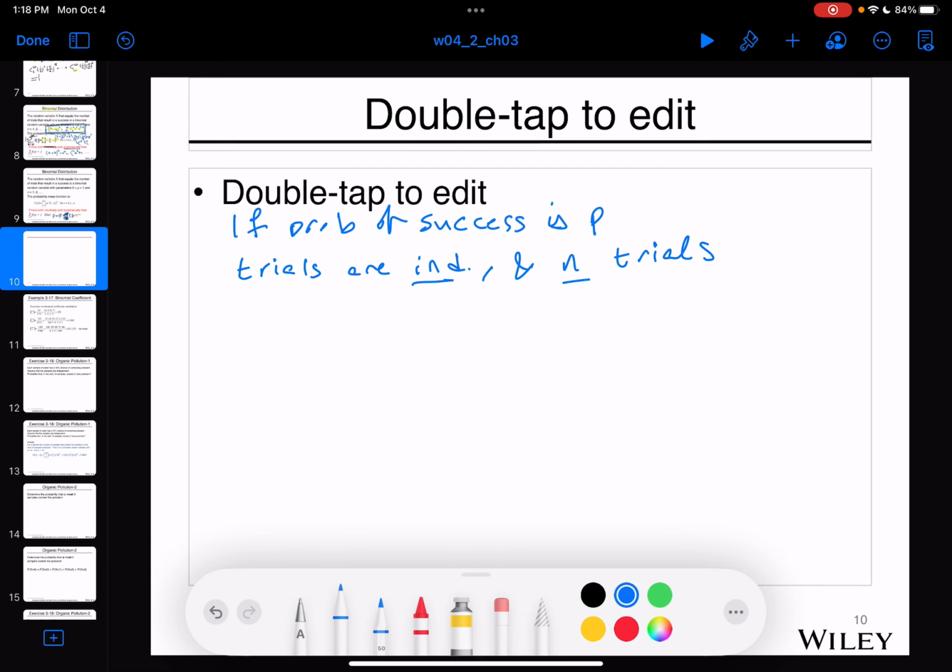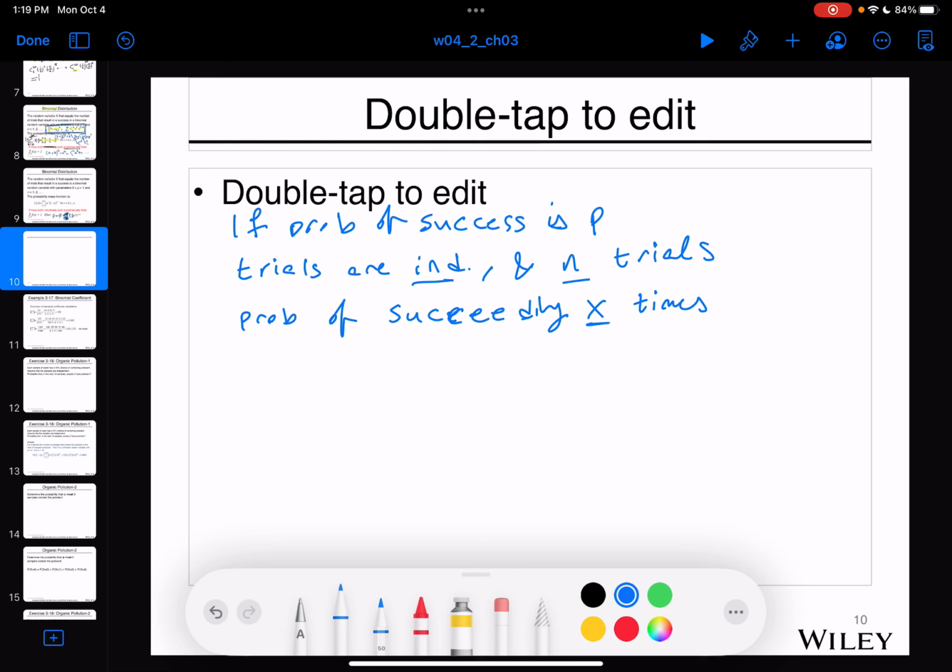So the probability of succeeding x times, right? And note that in the binomial distribution, we write x as succeeding x times because x is usually what we vary.